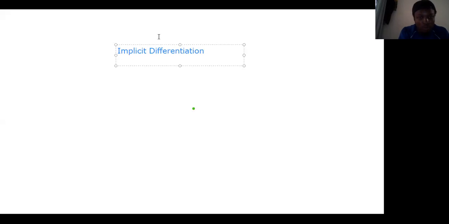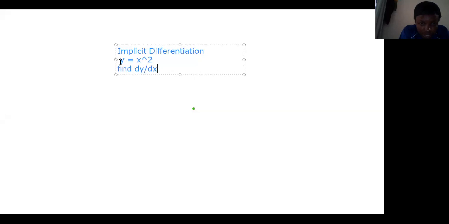So for instance, if I have y is equal to x squared, and we are asked to differentiate, then they say find dy/dx.